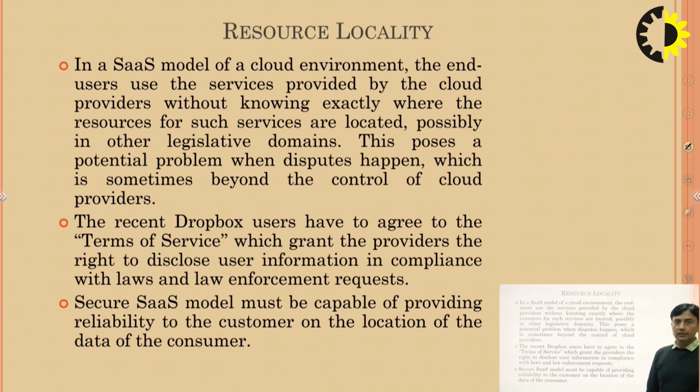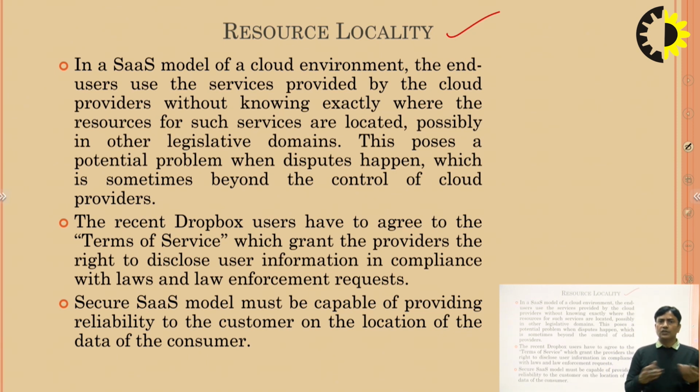Resource locality is the other specific issue in SaaS security. What does it mean? In the SaaS model of the cloud environment, the end user uses the services provided by the cloud provider without knowing exactly where the resources for such services are located. Because whenever you are using some service from the cloud, you have no idea.